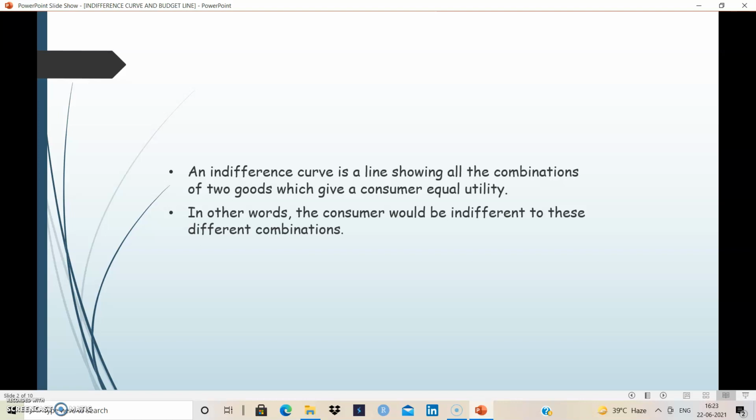For example, if we take apple and banana, to show the combination of the utility we gain from apple and banana, we will plot an indifference curve.